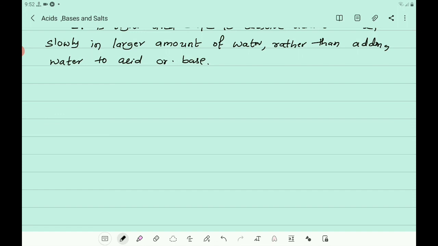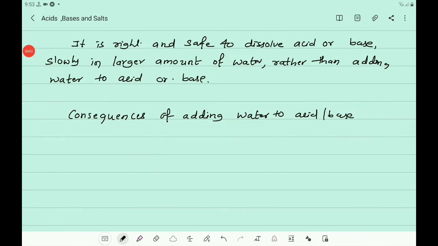If water is added to acid, what happens? What are the consequences of adding water to acid or base? If water is added to acid or base, first what happens?